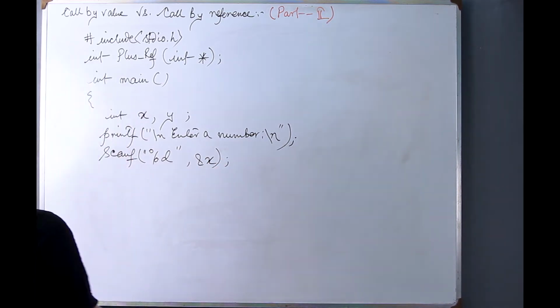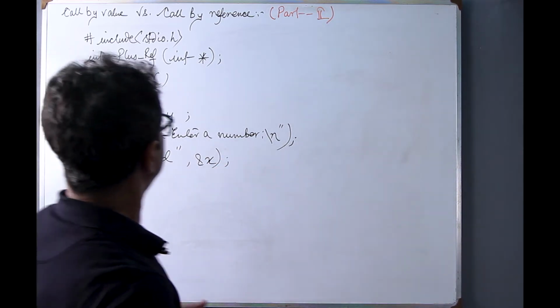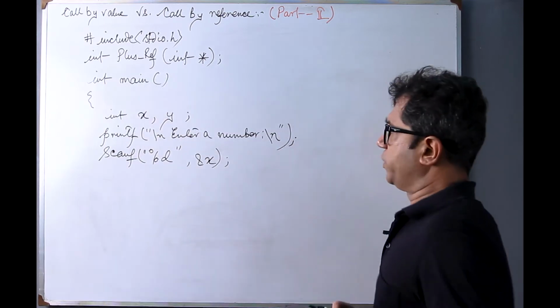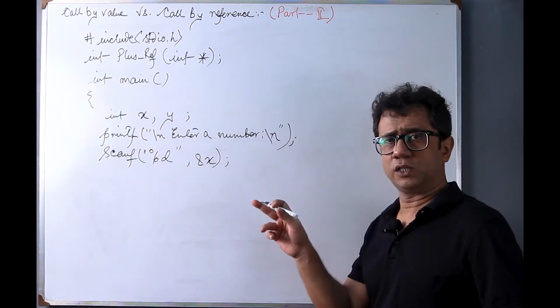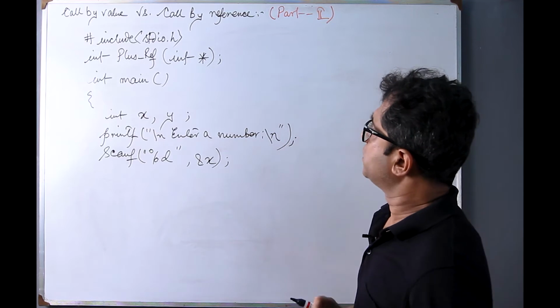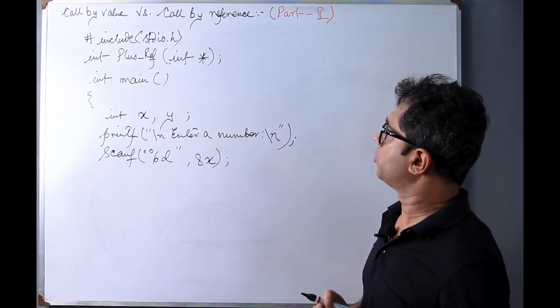Now we are going to call the function in just the way in which we called the function in the previous example, that is, in the call by value illustrative program.